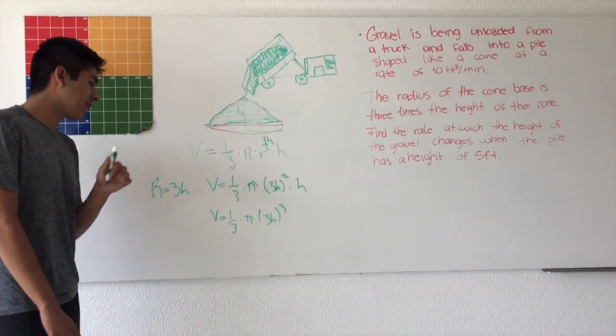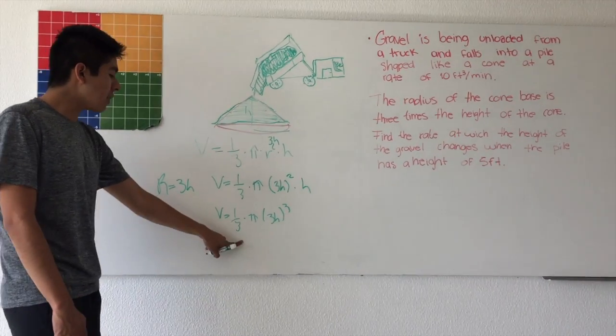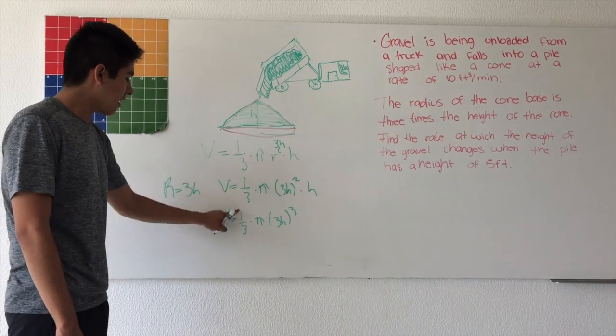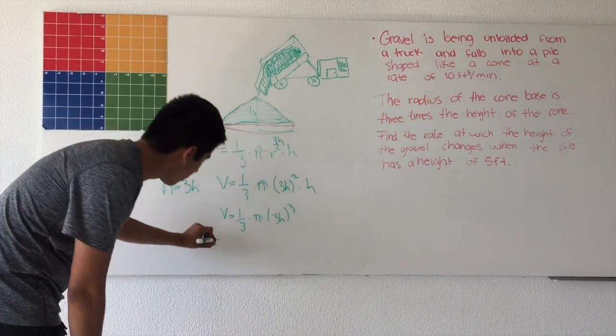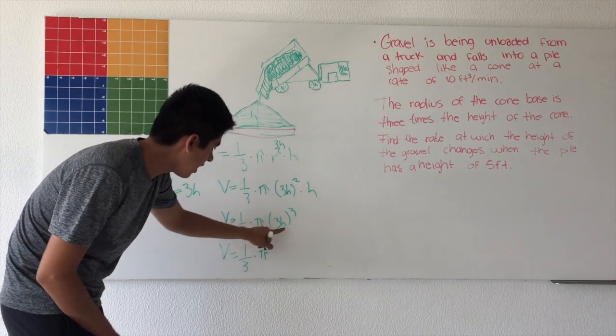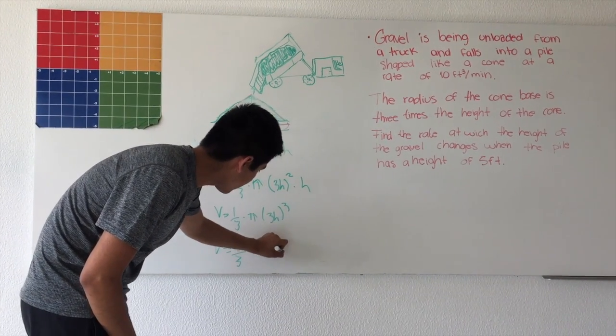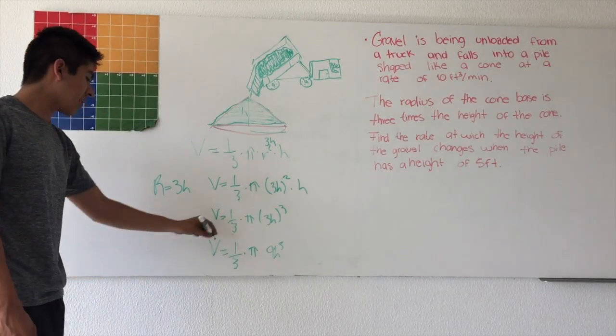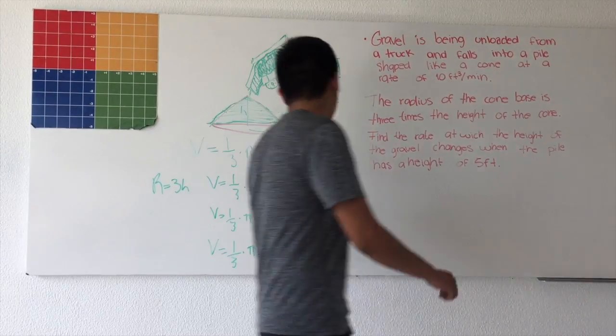We need an implicit derivative to solve this problem, but here we can simplify things and get rid of this 1/3. So we can multiply this 1/3 times pi. We solve this and we get a 9h cubed, and now we can simplify this 1/3.